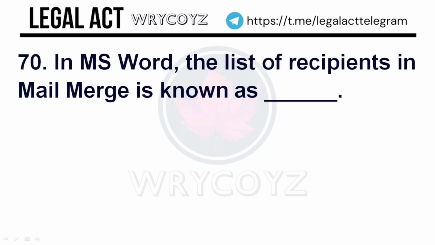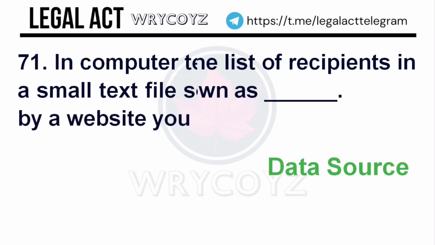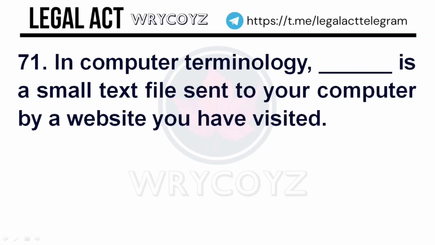In MS Word, the list of recipients in mail merge is known as dash. The answer is data source. 71. In computer terminology, dash is a small text file sent to your computer by a website you have visited. The answer is cookies.